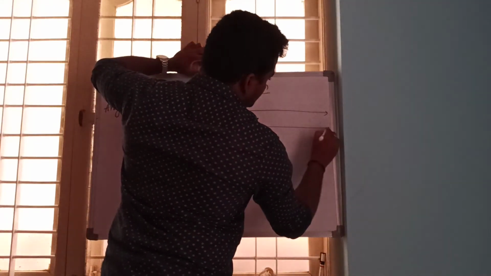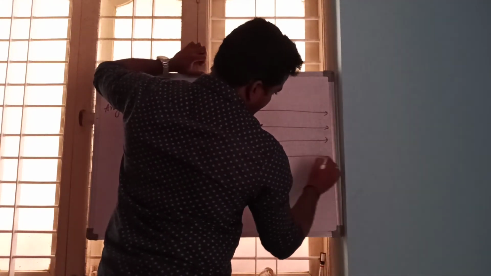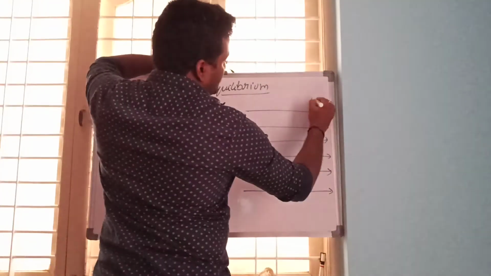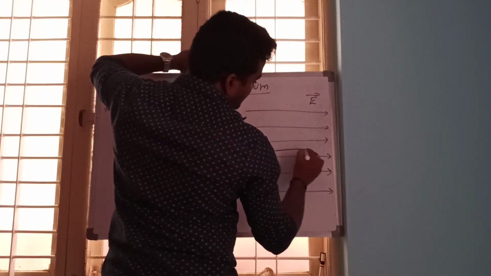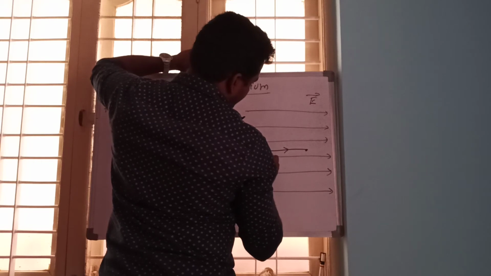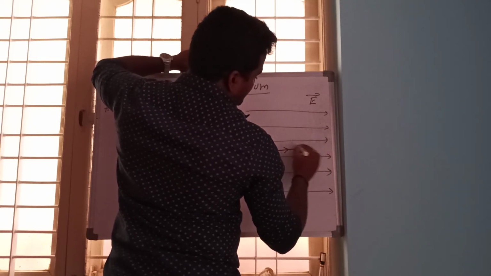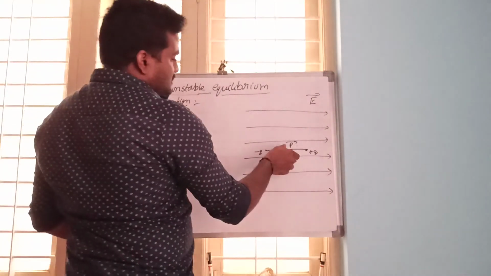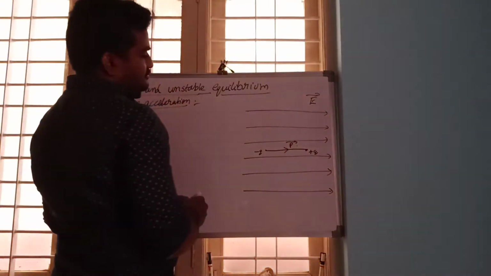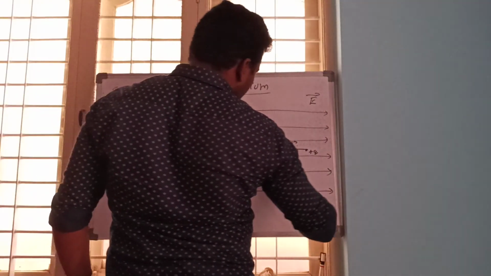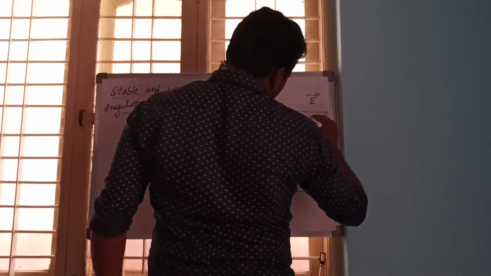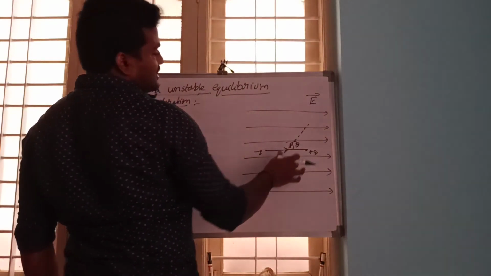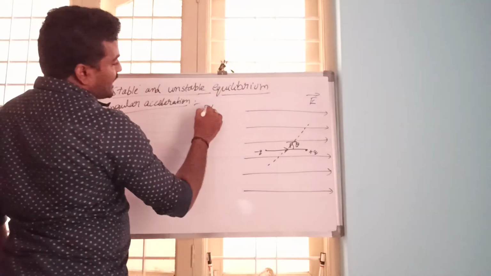They have placed an electric dipole in the direction of the electric field. This is the initial condition, and they have slightly displaced it through an angle theta. Then immediately after releasing it, it will come to rest, right? So in such cases, what is the angular acceleration?